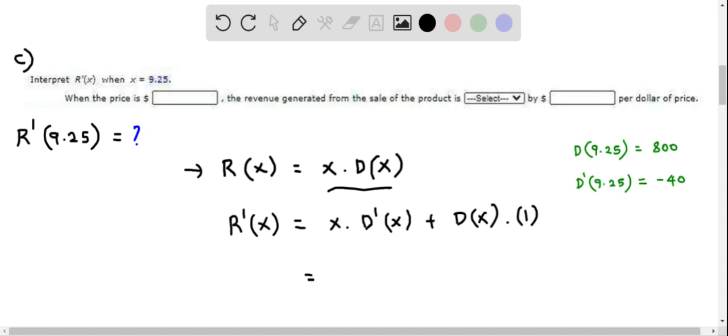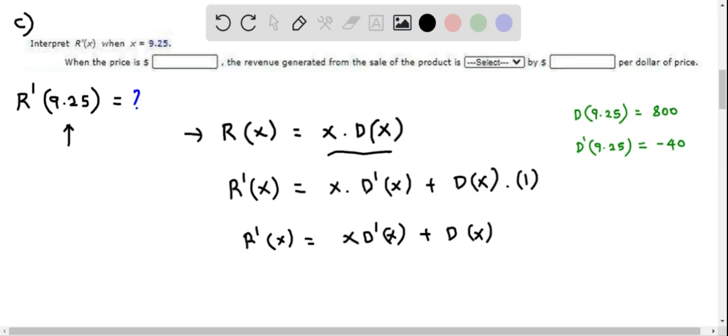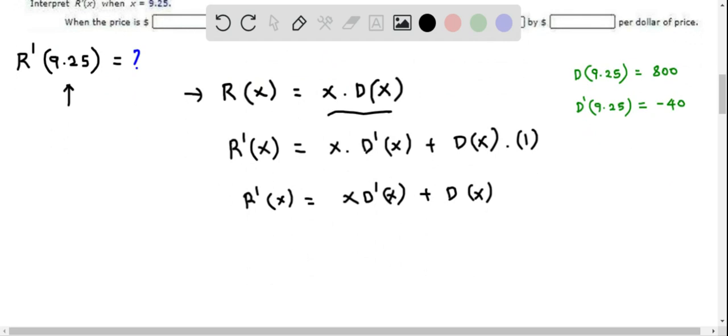So this simplifies to x times D prime of x plus D of x. This is R prime of x. And since we want to find R prime of 9.25, we replace x in this equation by 9.25.